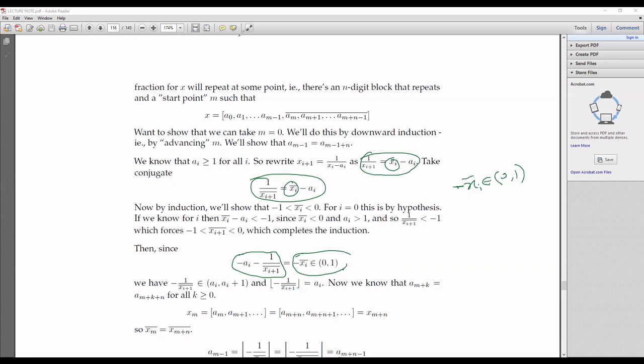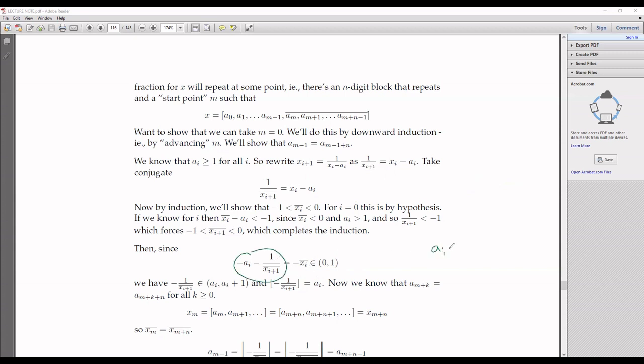Now, here is something interesting. This guy, ai minus ai minus 1 over xi plus 1 bar, is between 0 and 1. There are 3 parts of the inequality.